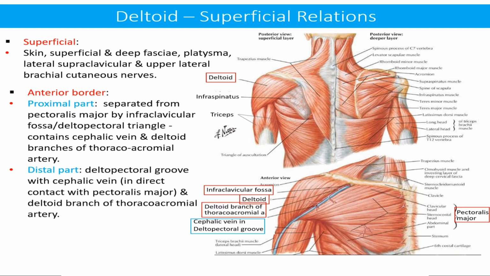In the proximal part, these muscles are separated by the infraclavicular fossa, which contains the cephalic vein and deltoid branches of the thoracoacromial artery. Whereas in the distal part, they are separated by the deltopectoral groove with the cephalic vein and deltoid branch of the thoracoacromial artery. Posterior border of the muscle overlies infraspinatus and triceps muscles.